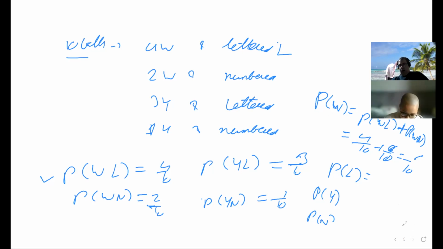Now if I ask you the probability of lettered given that it is yellow, this is a conditional probability, and both are dependent on each other, because we have already found that balls can be yellow as well as lettered.